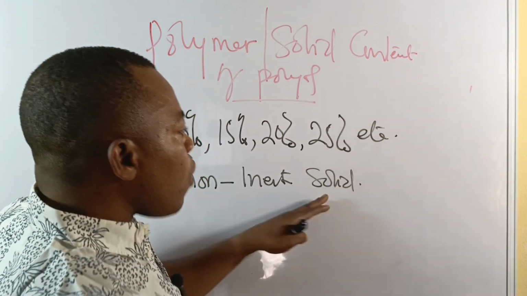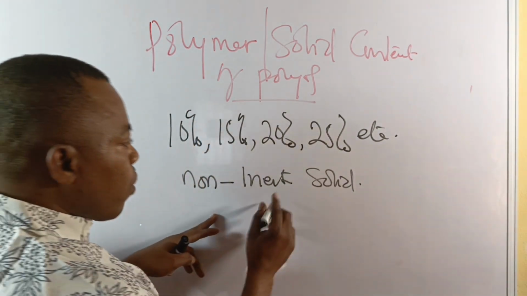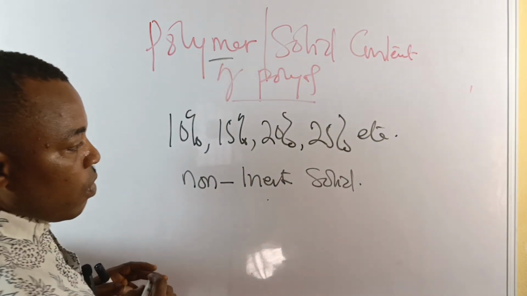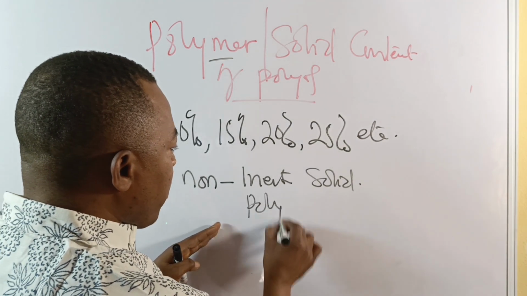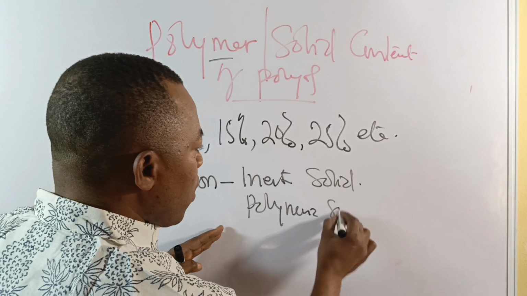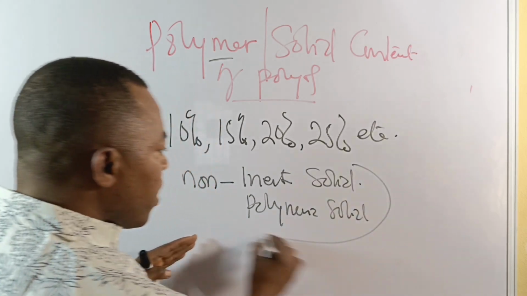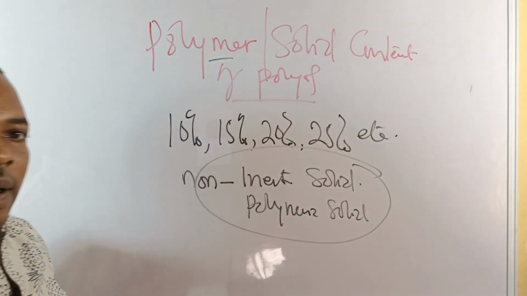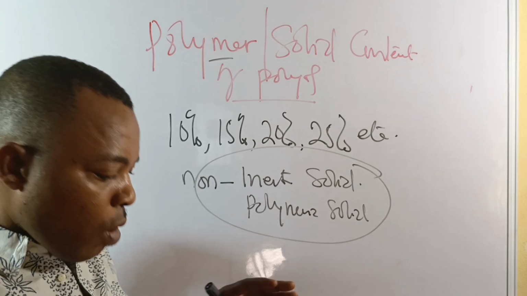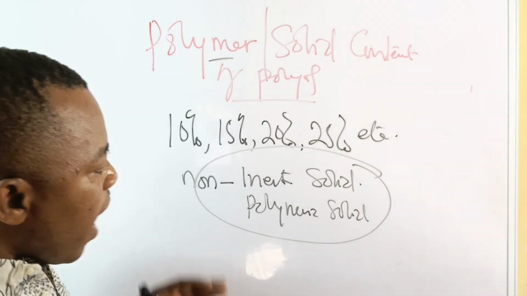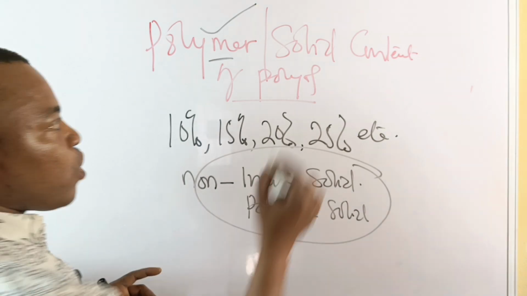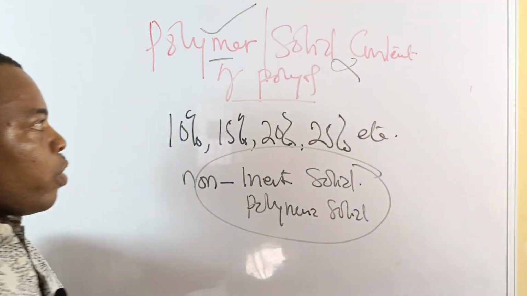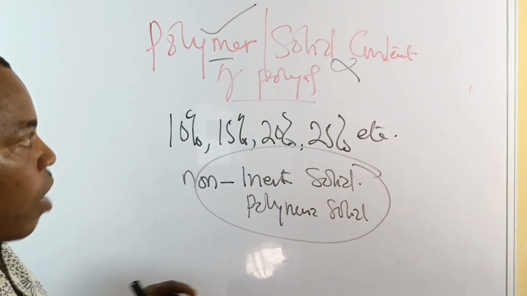It is also excluding this. But when you add this one and this polymeric solid, we now have the average solid content. But in the formulation, when you are carrying out formulation, this one has to be put into consideration, while this one, we don't normally put into consideration.